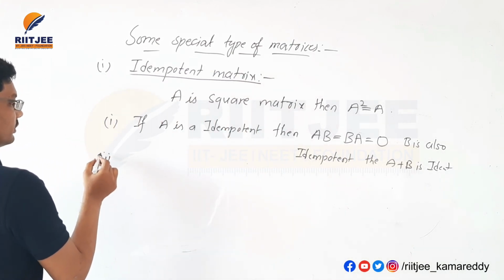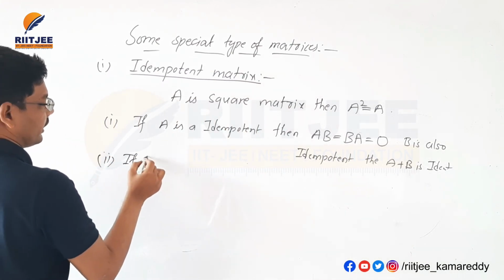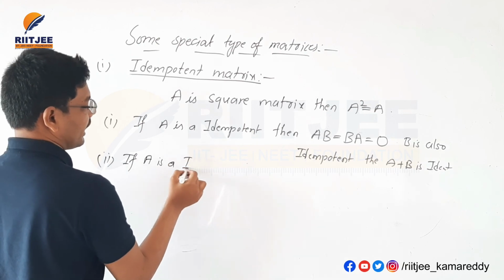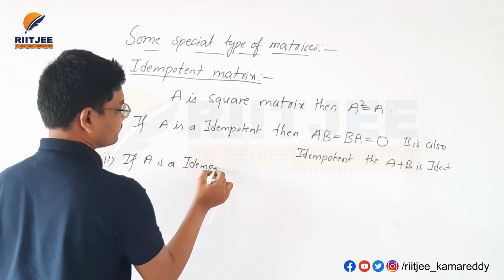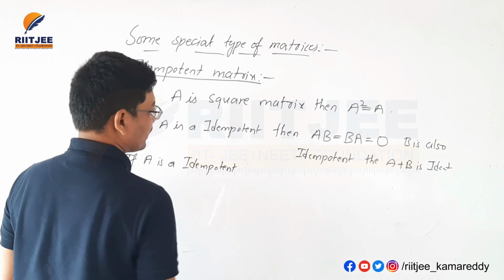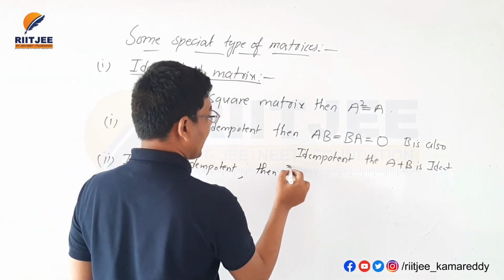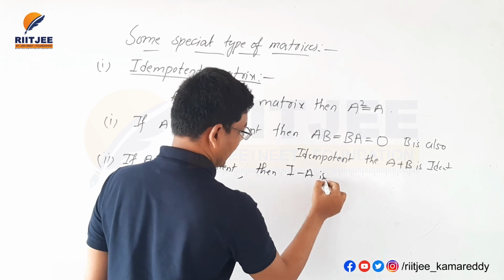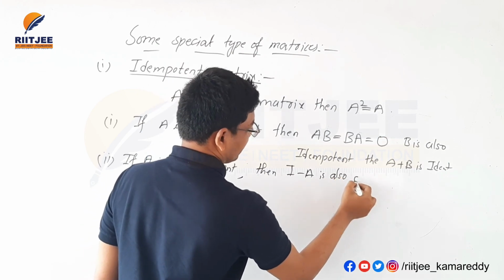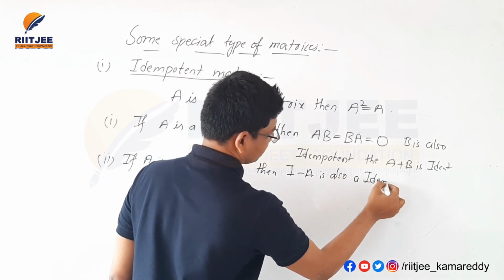Next one: if A is an idempotent matrix, then I minus A is also an idempotent matrix.